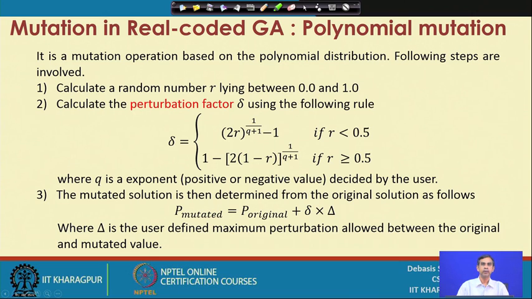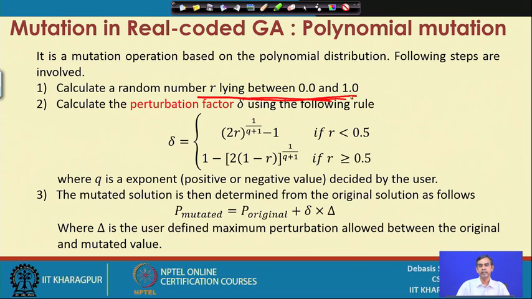Now, we will discuss a slightly more computationally expensive method, but one that usually gives better results. It is called the polynomial mutation. In this mutation, as in random mutation, we have to use a random number r in the same range, between 0.0 and 1.0, and then we have to calculate another factor, the perturbation factor delta.